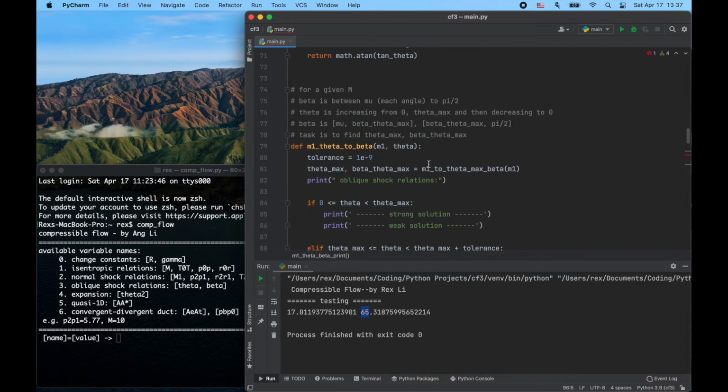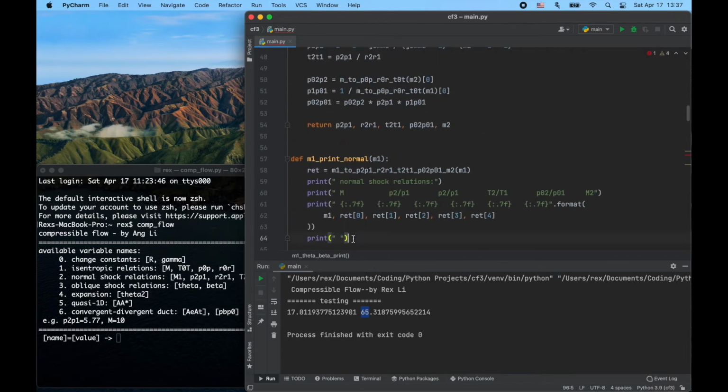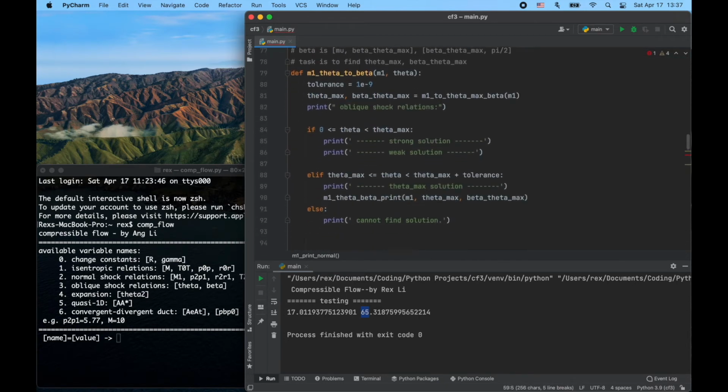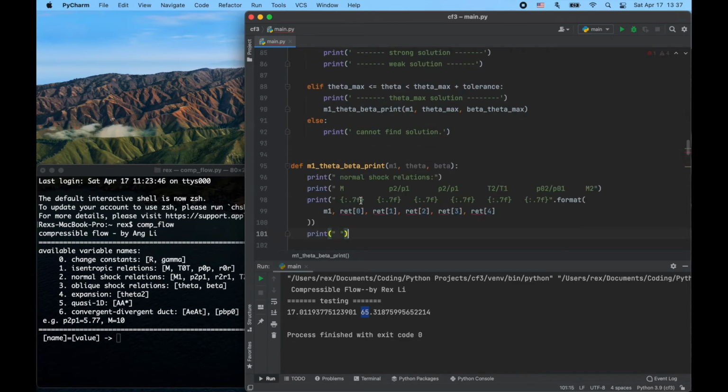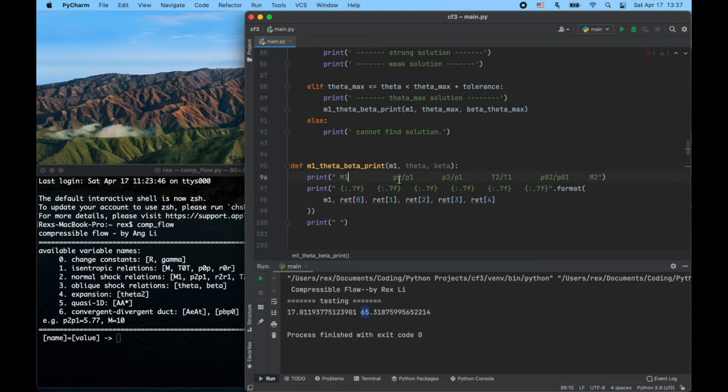So we will print out just like that. And the variables are going to be Mach number 1, theta, and Mach number 2, and then beta, and Mach number 2.